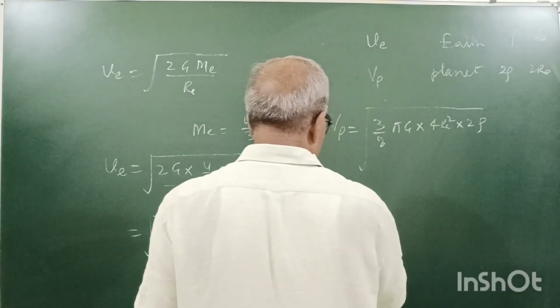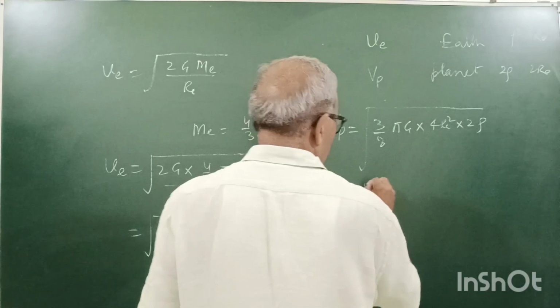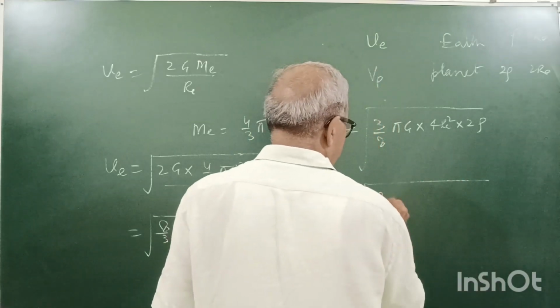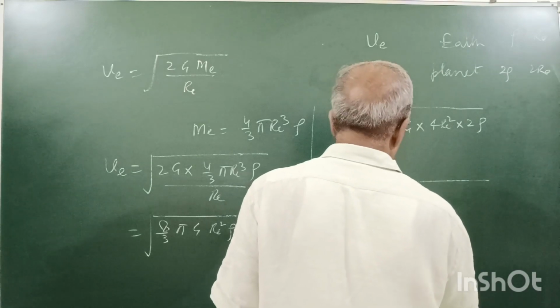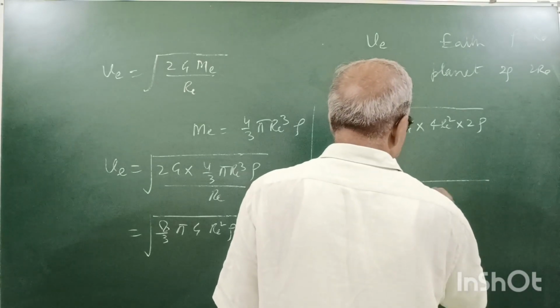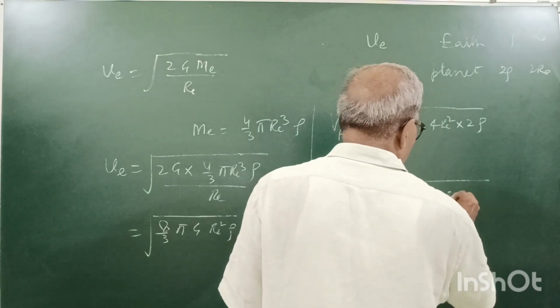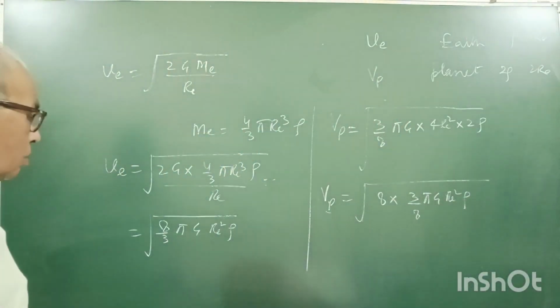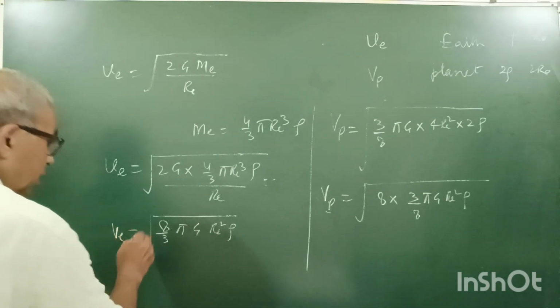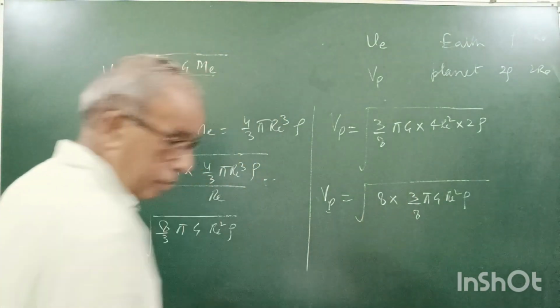So simply VP is equal to under root 8 into 8 by 3 pi G RE square rho. This is VE, this is VP.